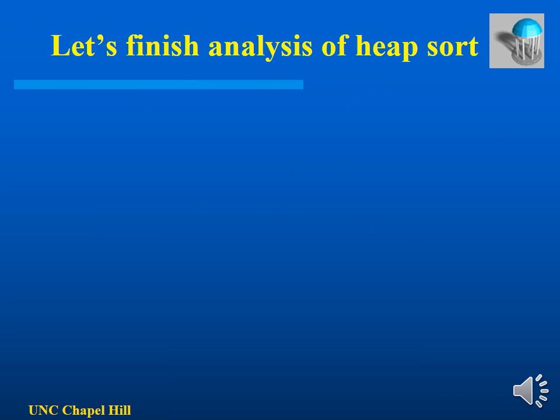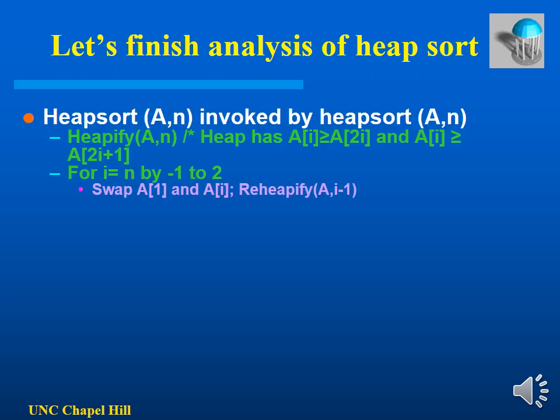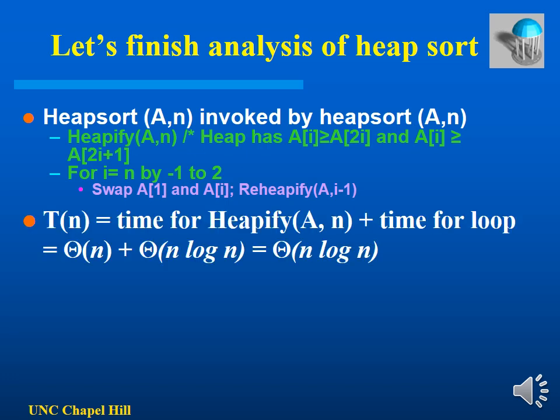So now we're in a position to finish the analysis of heap sort. Remember that it begins by a heapify stage, and then it's followed by a loop. We've seen that the time for heapify is theta of n, and the time for the loop is theta of n log n. The result is the sum of those two. Now, of course, theta of n log n is slower. That is to say, it dominates theta of n.